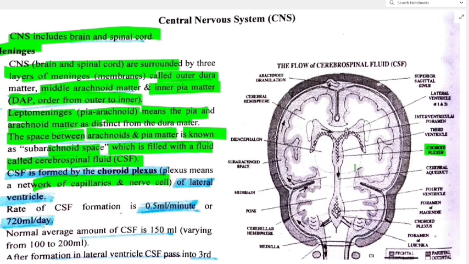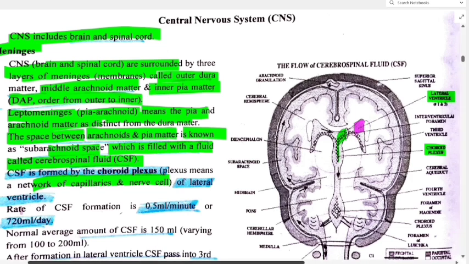So from this space of lateral ventricle, see, this is the lateral ventricle. This green color I am marking, this is the choroid plexus and it is lateral ventricle. I am marking with another color. Yeah, let's see, this is the lateral ventricle. Can you see? So from here the CSF is formed.